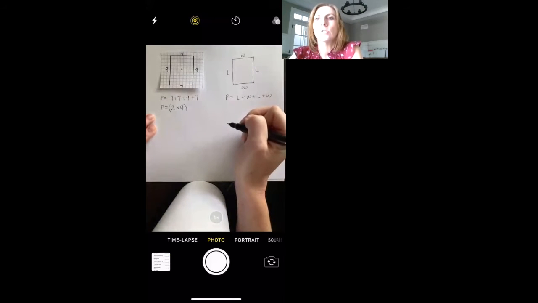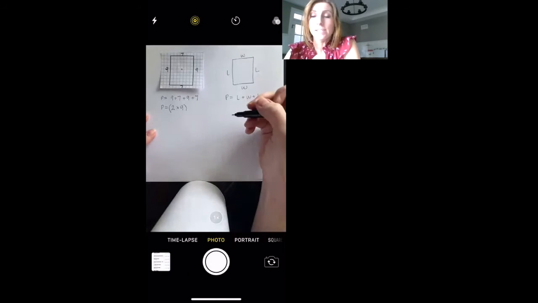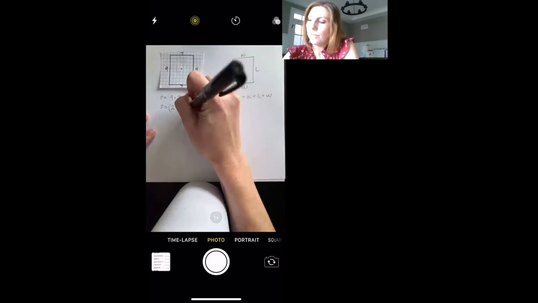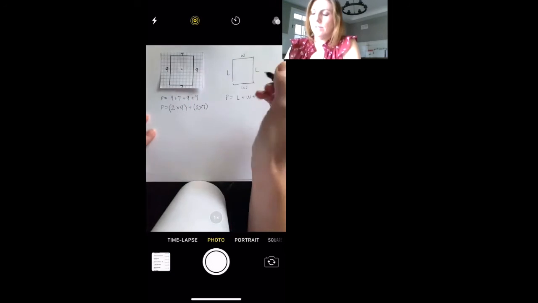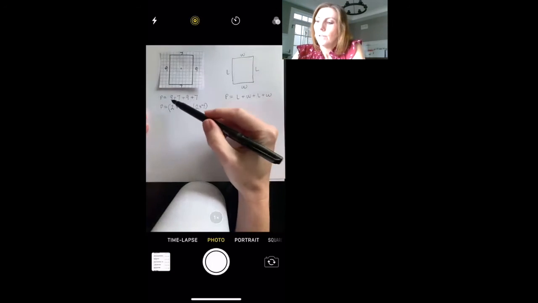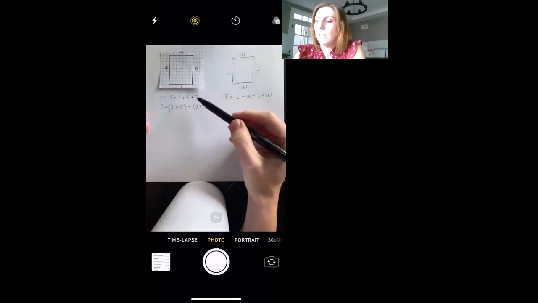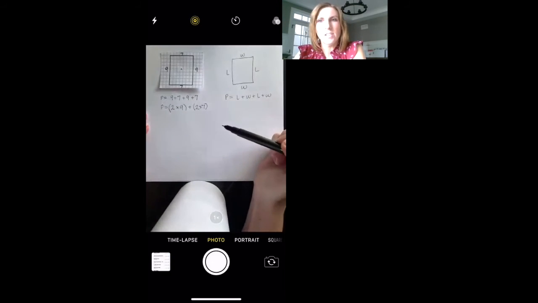I'll put that in parentheses just to remind myself. So I have 2 9s, and then I also have 2 7s. Okay, so let's think about this. We have 9 plus 7 plus 9 plus 7. Isn't that 2 9s plus 2 7s? It's the same thing, isn't it?